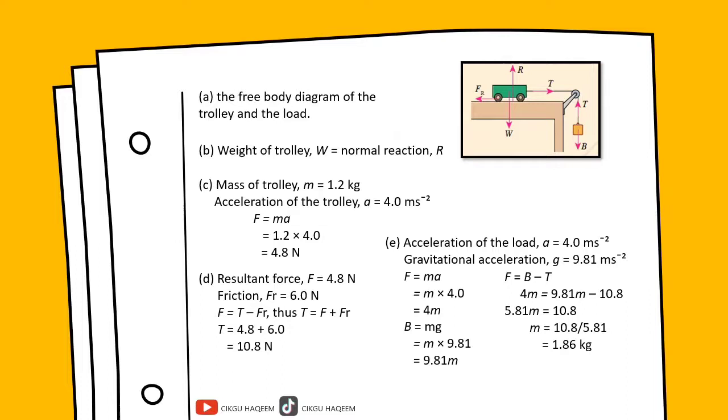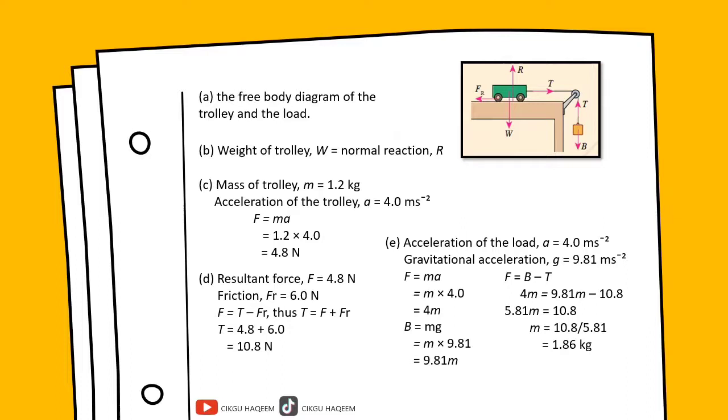Given that the mass of the trolley is 1.2 kg times the acceleration of the trolley, 4.0 meter per second squared, we get the resultant force of the trolley is 4.8 Newton. So the magnitude of the resultant force is 4.8 Newton. Okay, and then we go to question D.